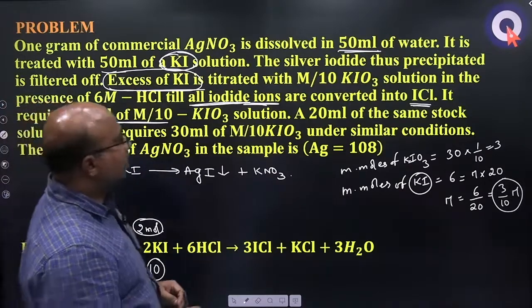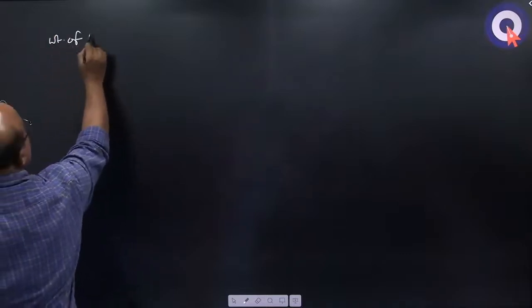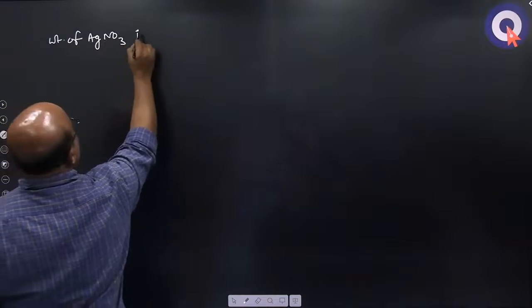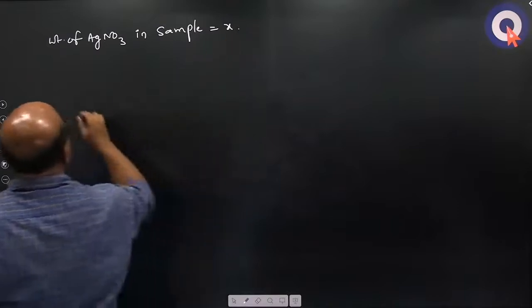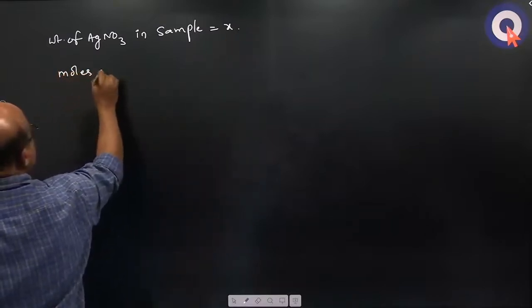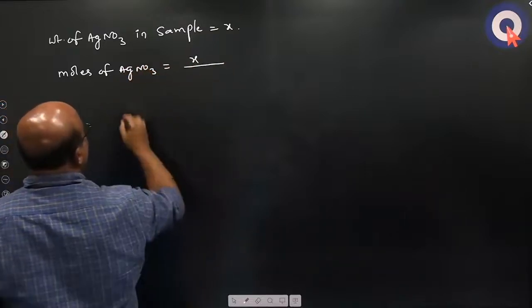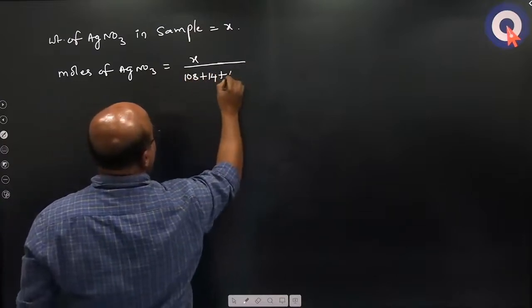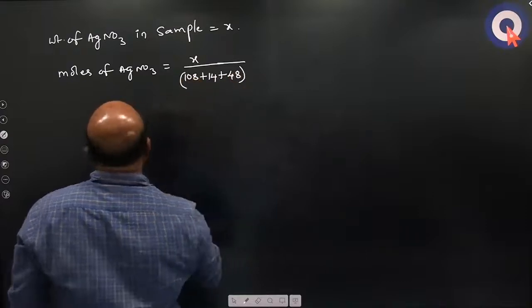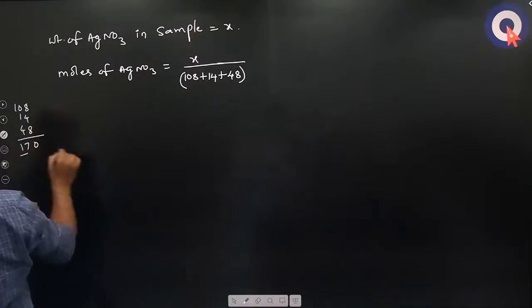So let us see. If the weight of silver nitrate in the sample is x grams, then the moles of silver nitrate will be x by the molecular weight of silver nitrate, 108 plus 14 plus 48, which is 170.